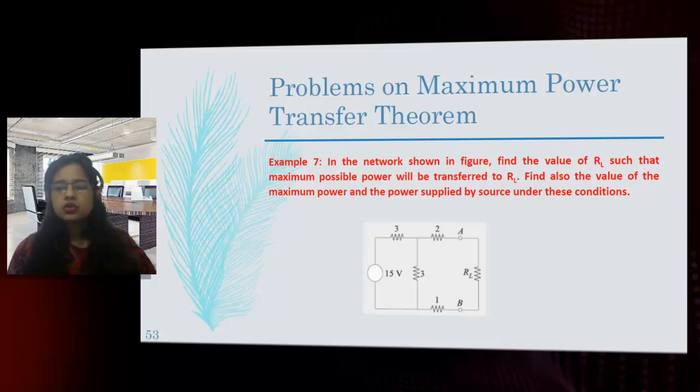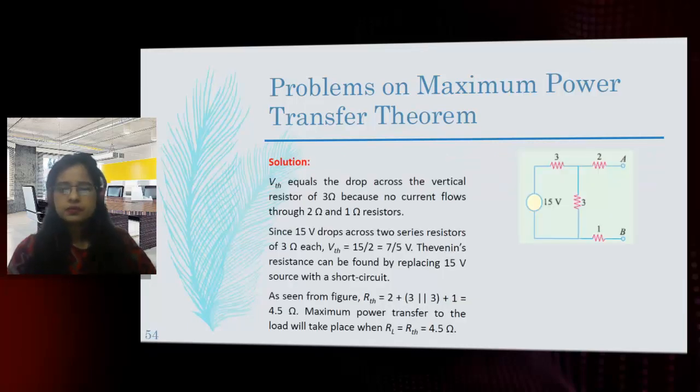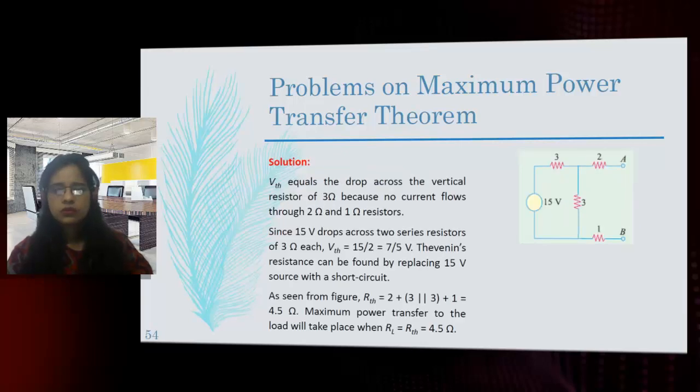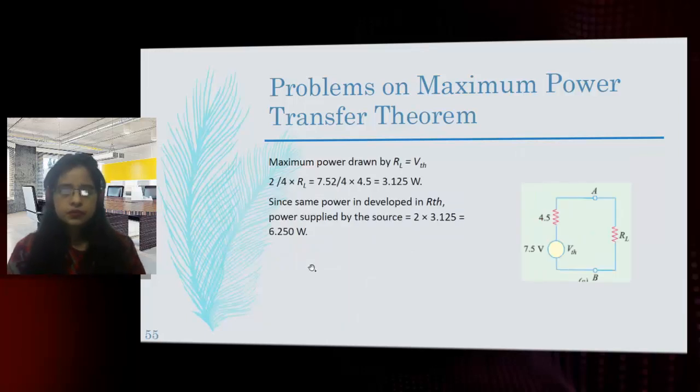Next, find also the value of the maximum power. So what is maximum power? Maximum power drawn by RL will be equal to V square by R, right?